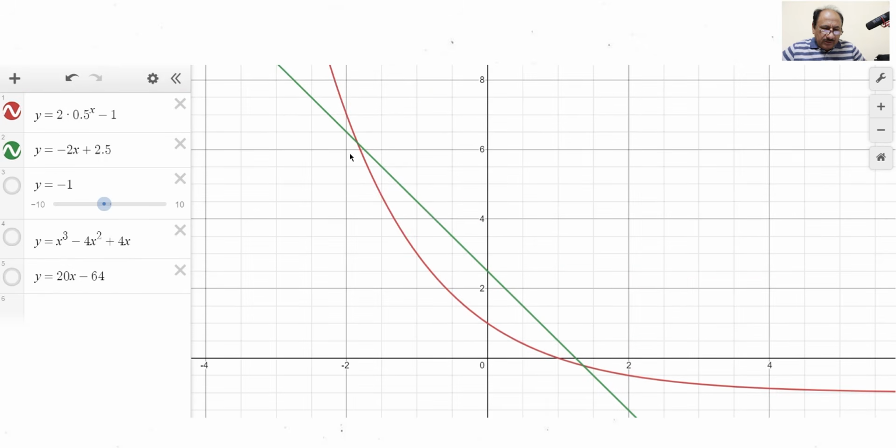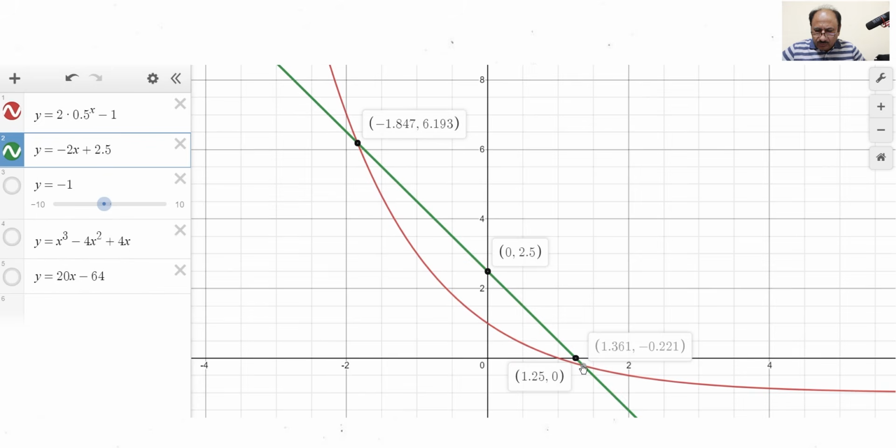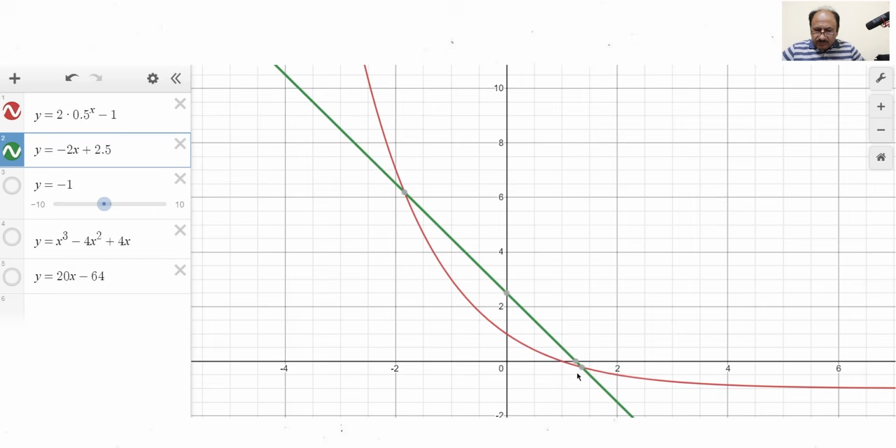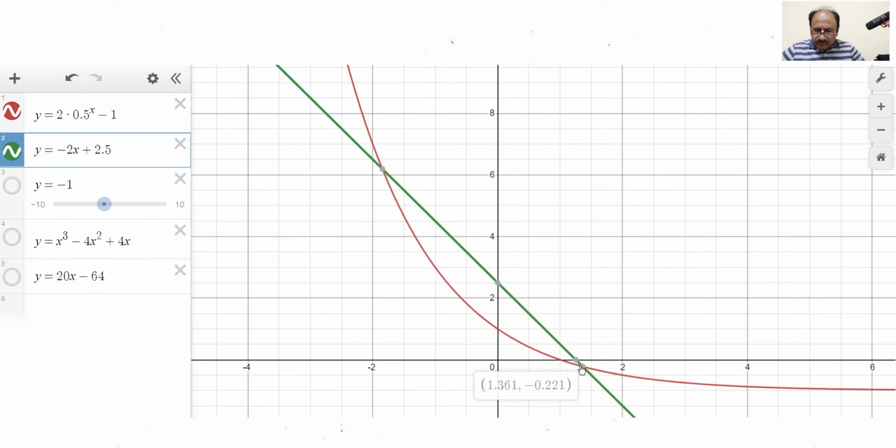And if required, we can check the y-intercept and x-intercept for the straight line also. But in this question you require only this one, which is basically this value.